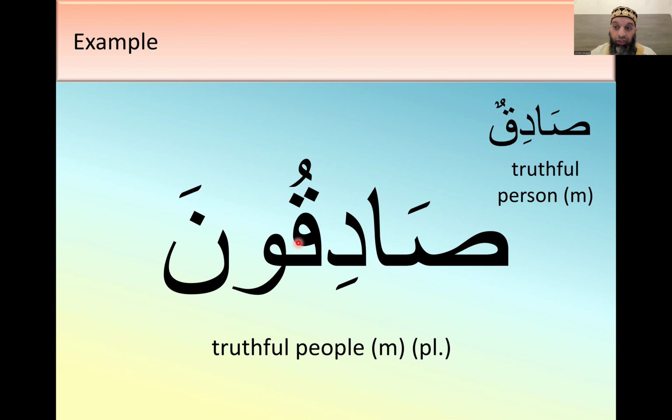It has to be one or the other, depending on what's happening before it and what grammar is going on in the sentence. You need to know rules of grammar before you can decide whether to say صادقون or صادقين. But the good thing is, it's already written for us in the Quran. We just need to know that صادقون or صادقين, كافرون or كافرين, they both mean plural.